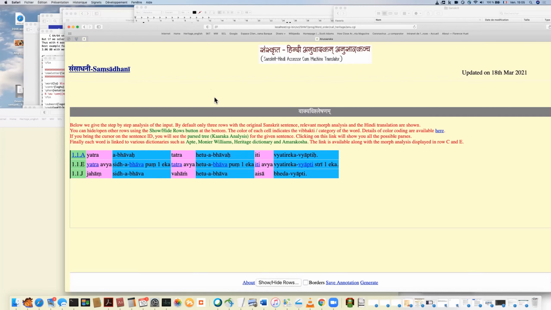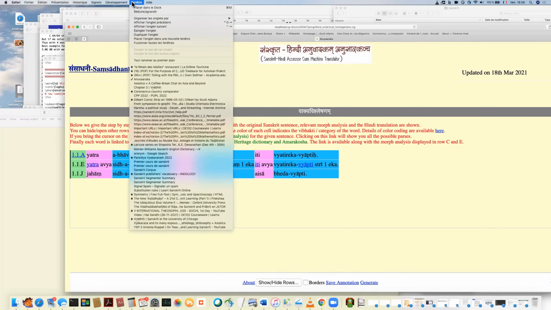I did try on segmenter, sir, and then just to confirm my understanding, I resorted to Samsadhani too. Okay, so sir, my suggestion is please send me that sentence. This is the fourth sentence in our Katha. Fine. I will look at it and then get back to you. Thank you very much.